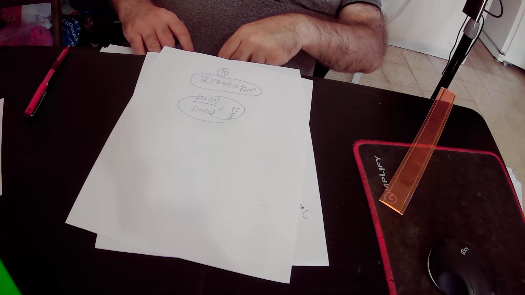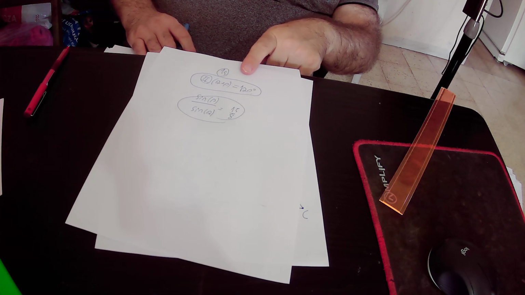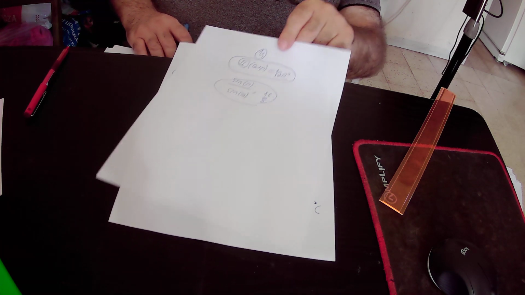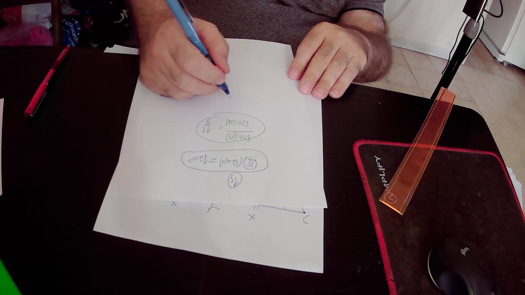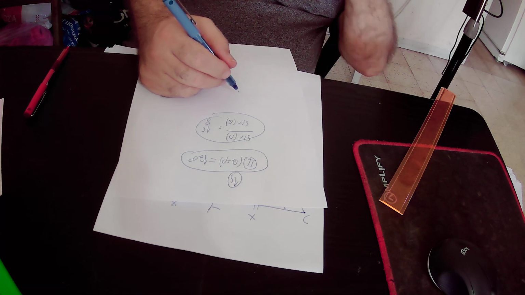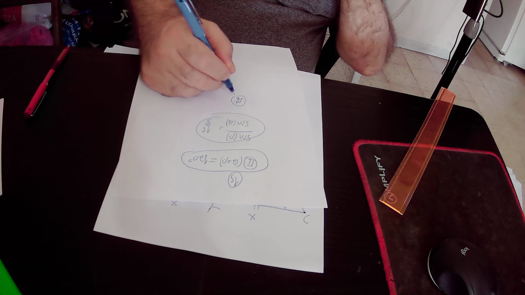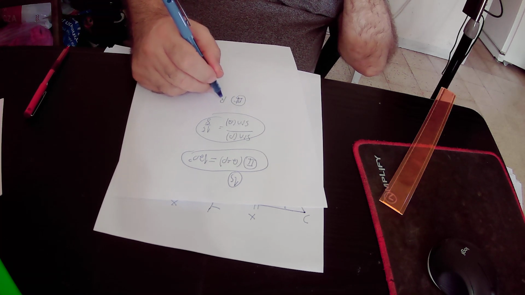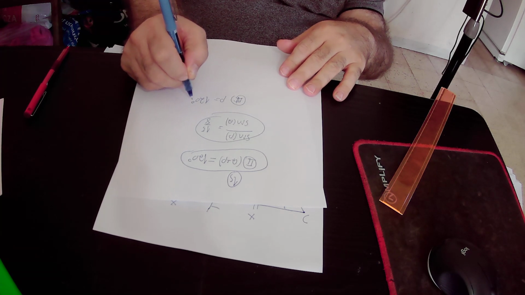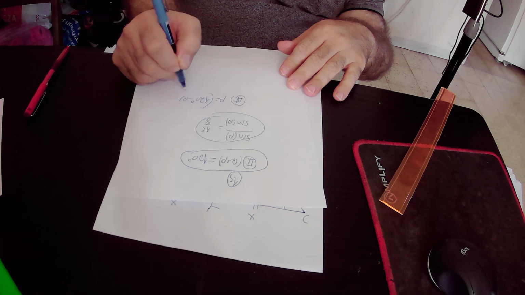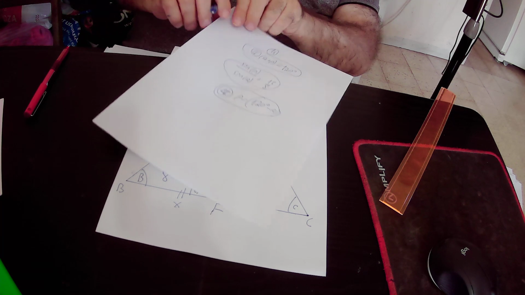So here we will subtract Q from equation number 2, and we will get that P equals 120 degrees minus Q. Okay, P equals 120 degrees minus Q.